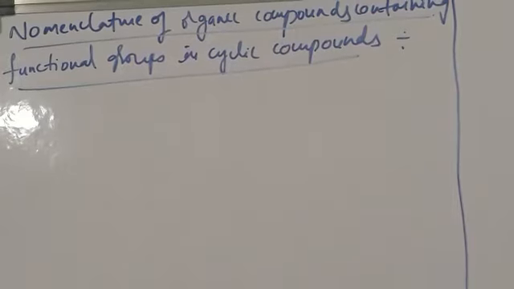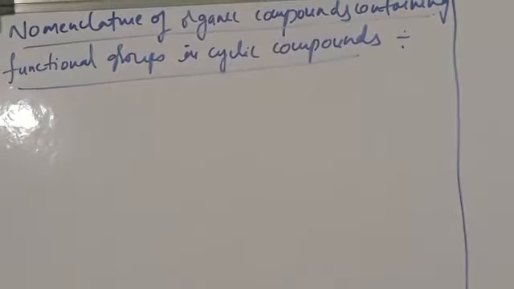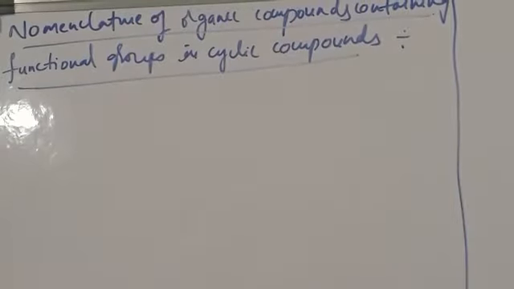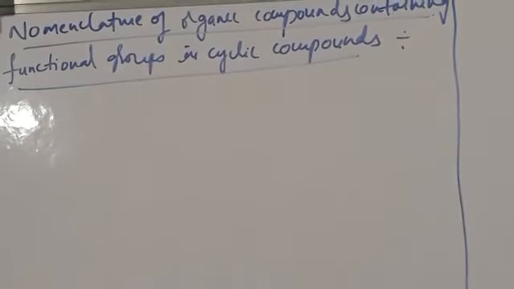So next, nomenclature of organic compounds containing functional group in cyclic compounds. So coming to cyclic compounds, there are two types: alicyclic compounds and aromatic cyclic compounds.